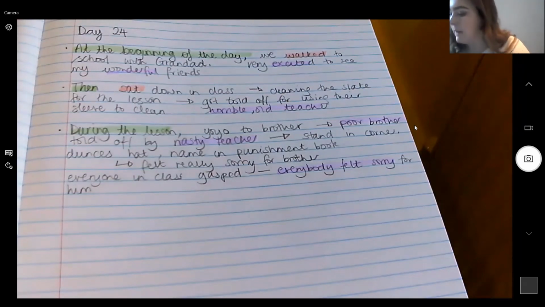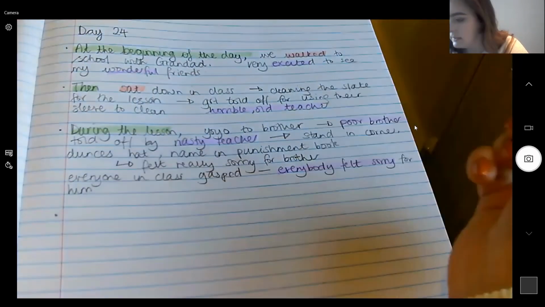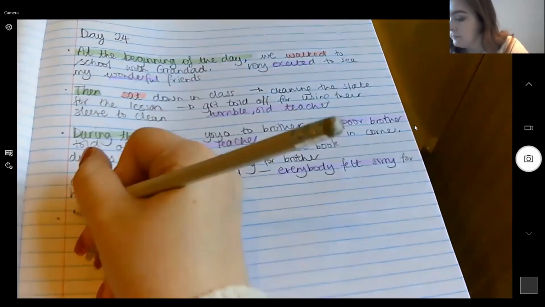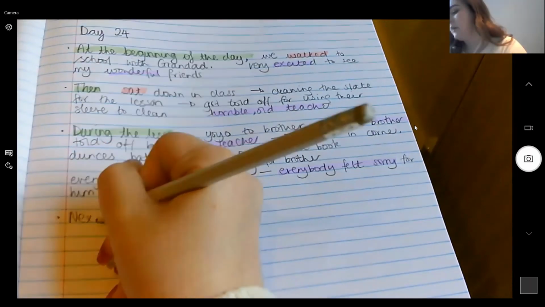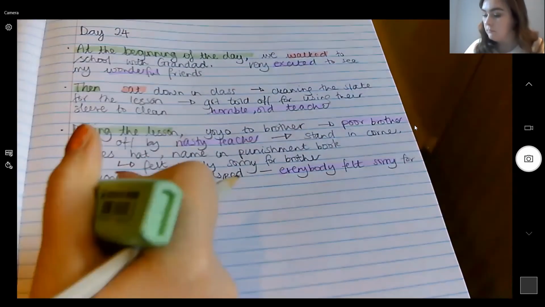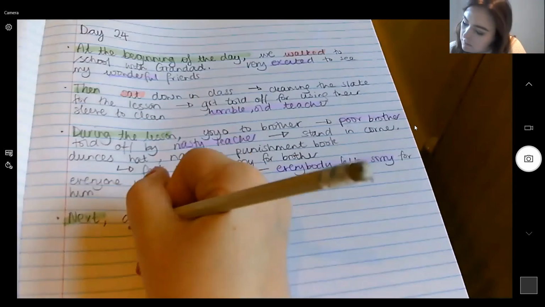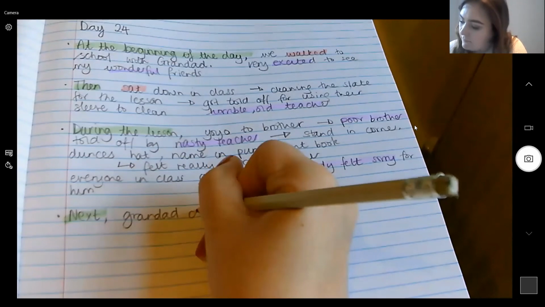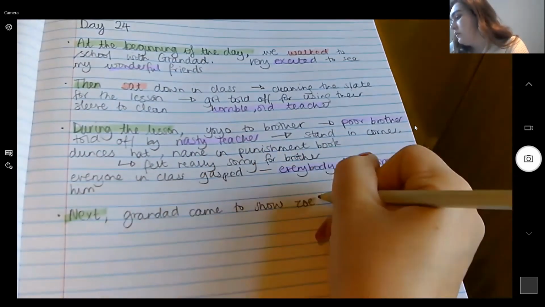Then in my next paragraph, I'm going to talk about Grandad coming to share the zoetrope with everyone. So I'm going to use maybe next as my fronted adverbial of time. Next, Grandad came to show zoetrope.